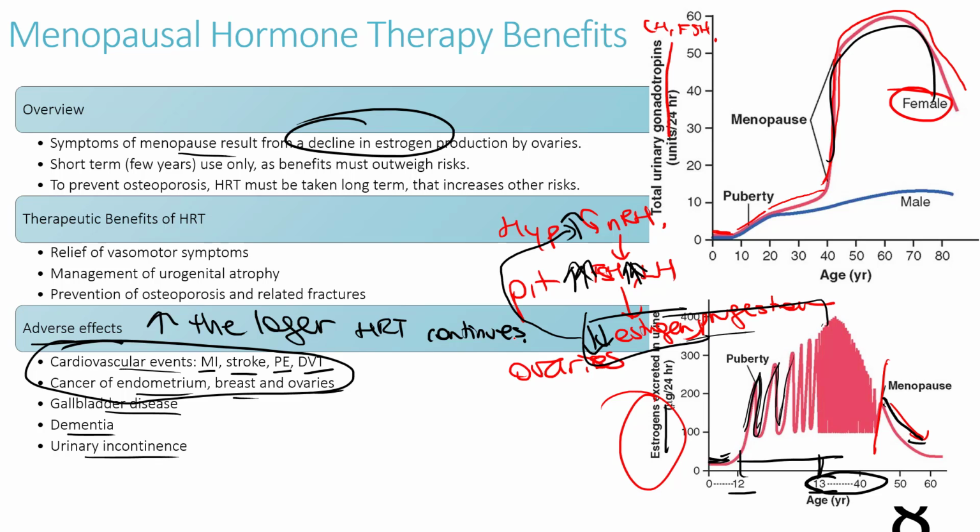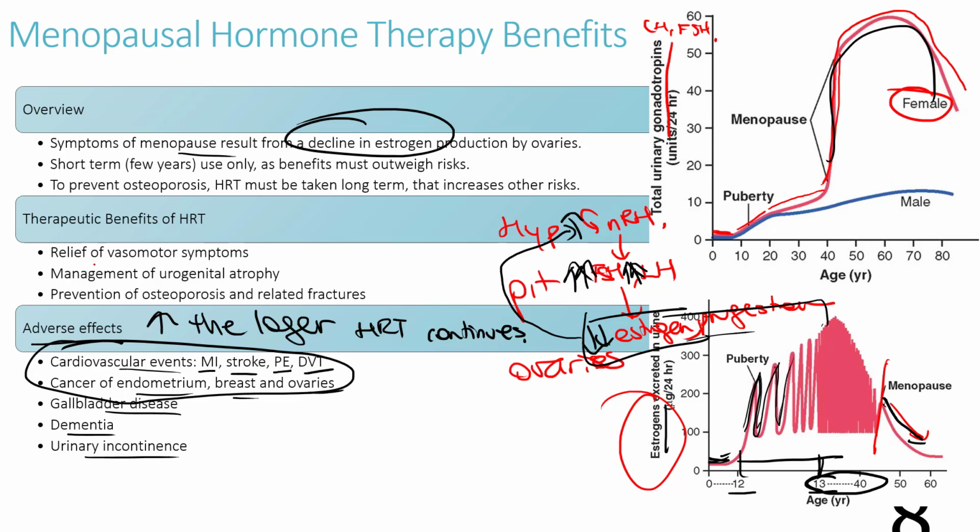So these are the major adverse effects, and they increase the longer HRT continues in a person. And so the current recommendation is that you give HRT at the lowest possible dose for the shortest possible time. It's basically given for a couple of years, a few years, just to get over the transition during menopause.